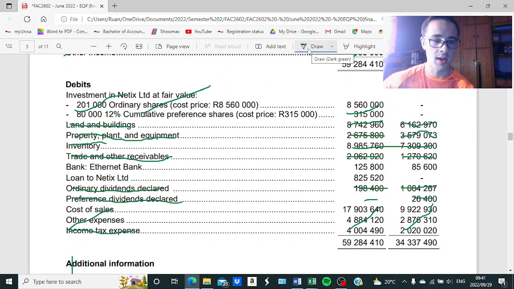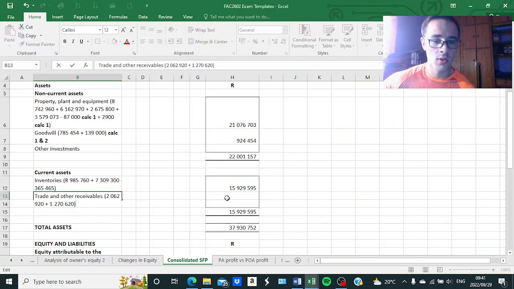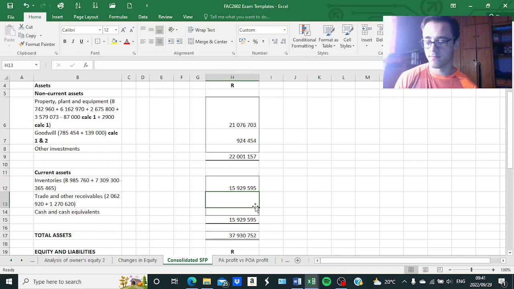So trade and other receivables for the group would be 3,333,450.